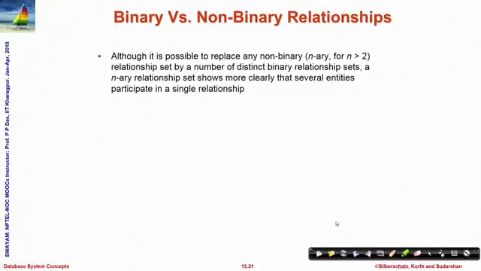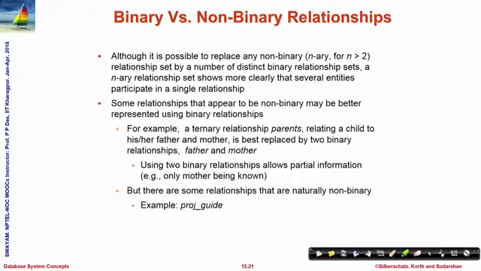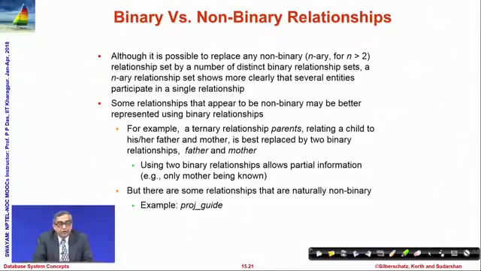There is also the question of the choice being made between binary and non-binary relationships, ternary or higher degree. As it turns out, it is possible that you could represent ternary relationships directly, or you can decompose them. For example, a ternary relationship can be decomposed in terms of two binary relationships.